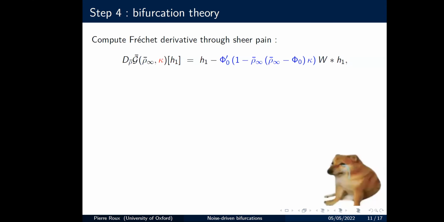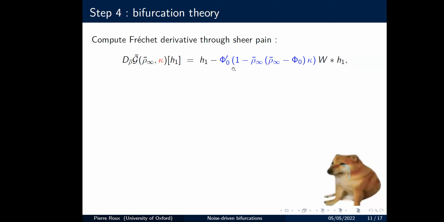So to apply this, we have to compute the rho bar derivative, so the Fréchet derivative of the functional, which describes the stationary state, and with quite a lot of work. So you can see the dog is crying because you have to go through a lot of pain to compute and simplify the terms, and this is a computation adverse to a dog like me.